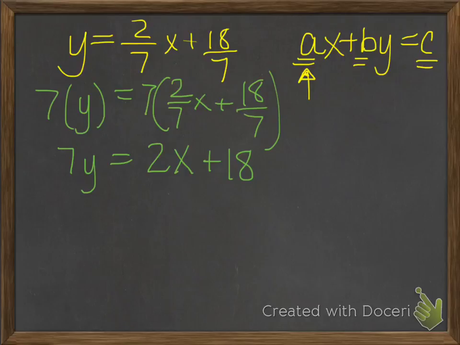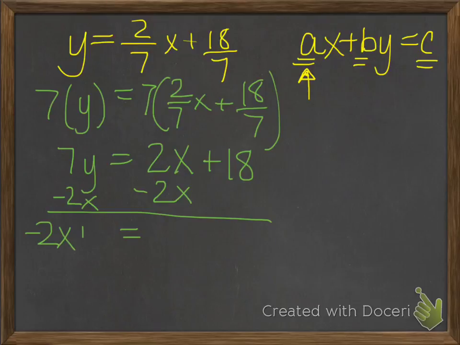So we're getting close. Now we need to subtract 2x. We want to get the x and y terms on the same side. So let's subtract 2x from both sides, and then we end up with negative 2x plus 7y is equal to 18.